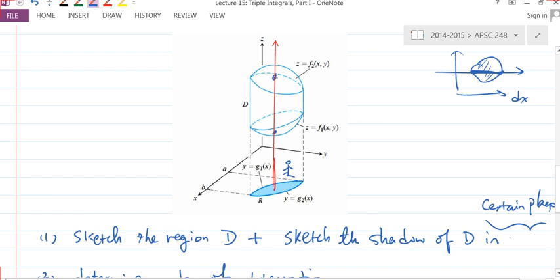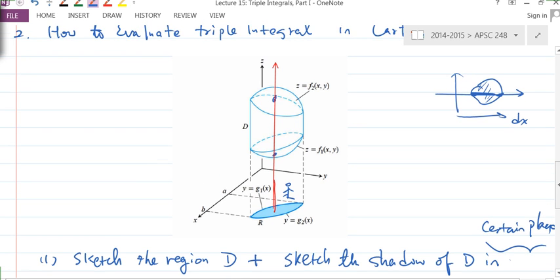Then, if this is the first contact, then the z value of that first contact is z min. And this is the second contact, then the z value for that location is z max. Is that good?